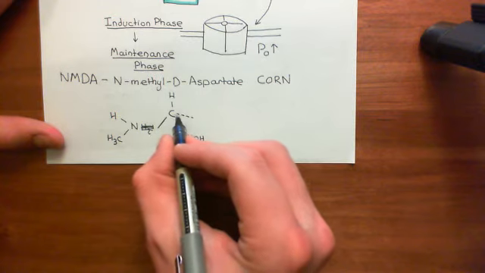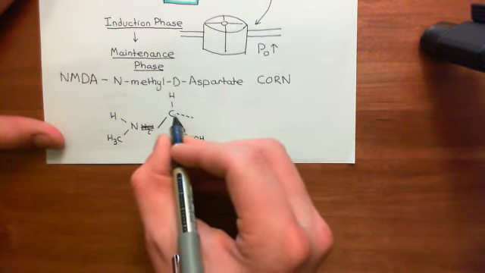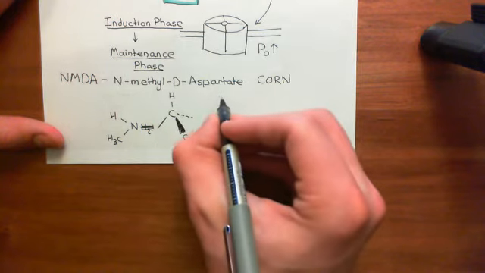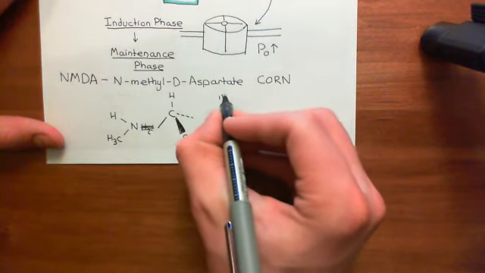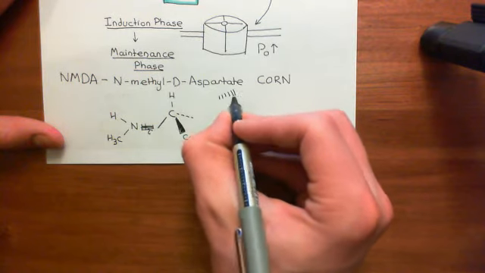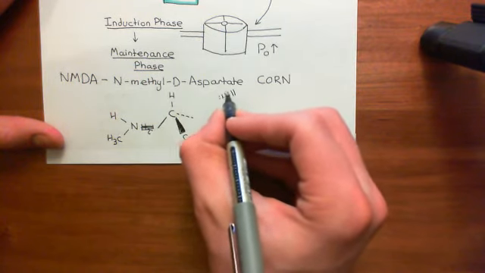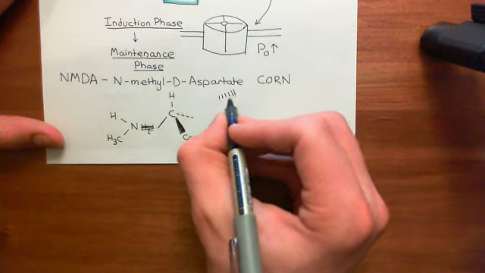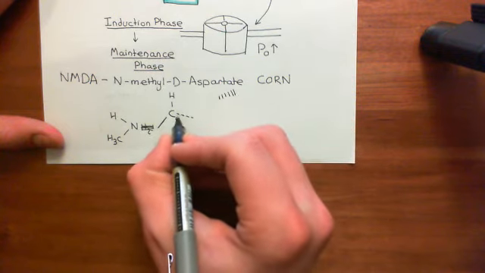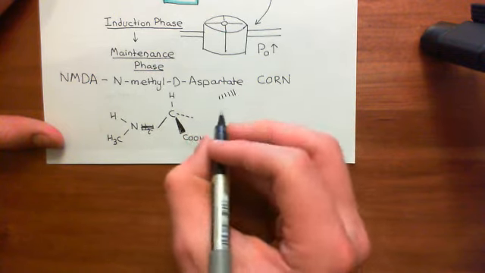Okay, and now the other group will be going into the page, and sometimes I switch between using that symbol for a bond where it was parallel lines that grew gradually longer going away, to just showing dashed lines to represent a bond going into the page.